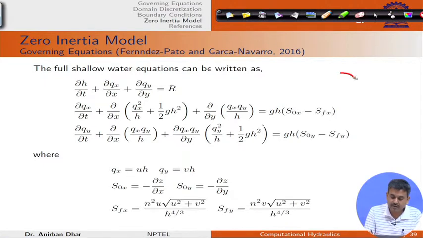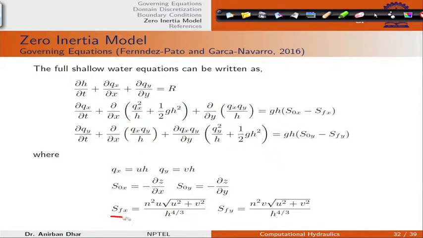So, this is our usual shallow water equation. I have written it in terms of Qx, Qy. Qx, Qy is nothing but UH and VH. Now, SF and SY, these quantities we can directly write here. Now, what can we do?